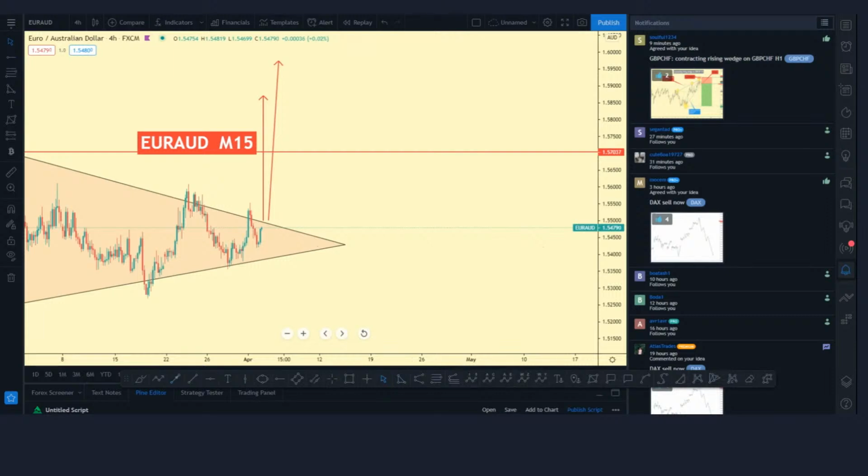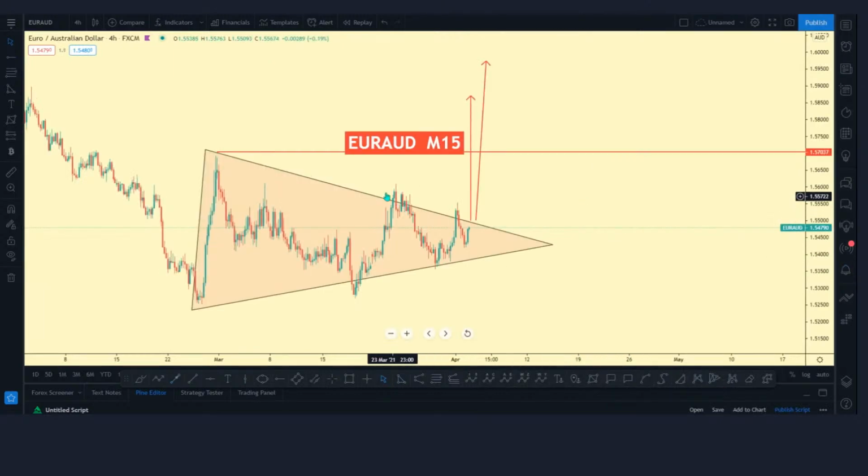So basically, in this case, this will be a reversal. Okay, guys, because triangles, as we said before, mostly are continuation patterns, not reversal, but sometimes they are reversal.